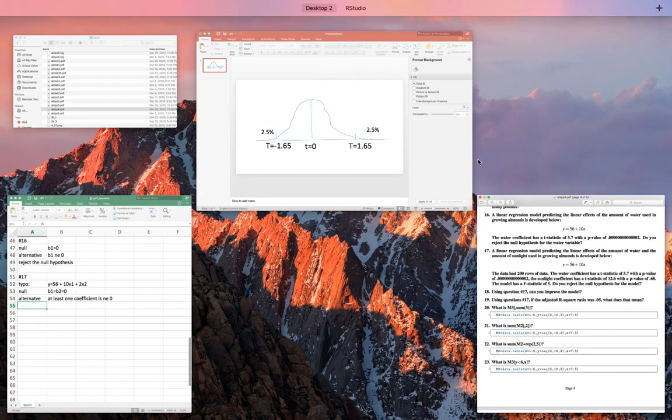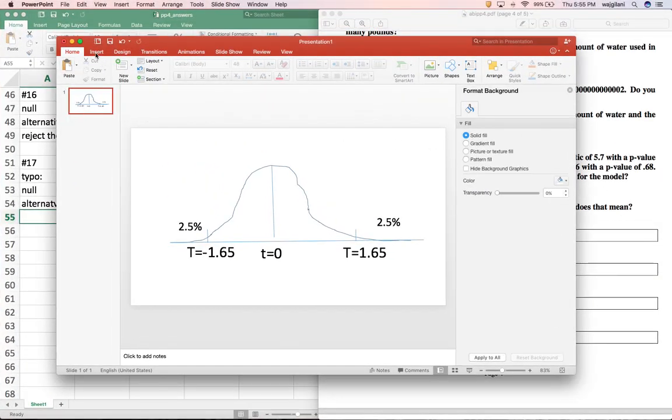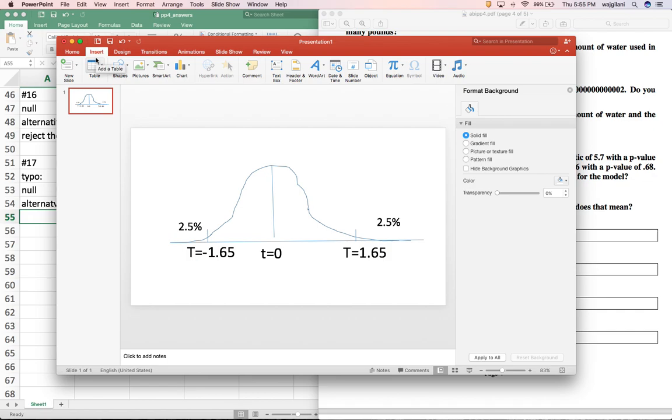Just as a refresher, let me do another image for you guys.